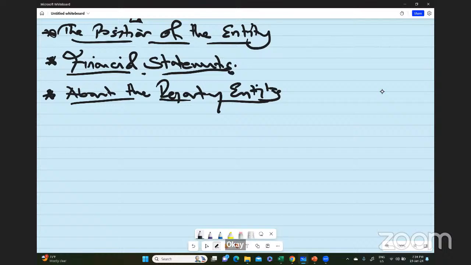But if I add something very small about what we looked at and what we called financial information in basic terms, we said that we are interested in information about the economic resources on one side, not so?